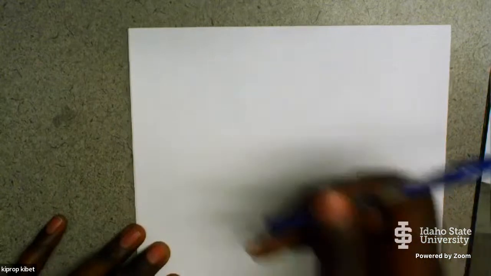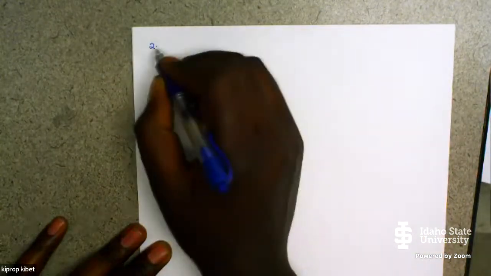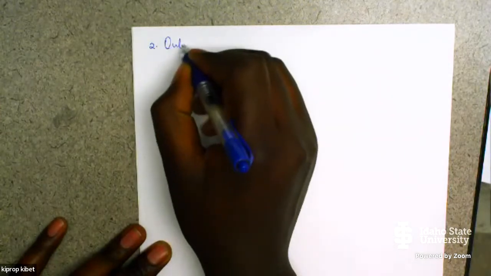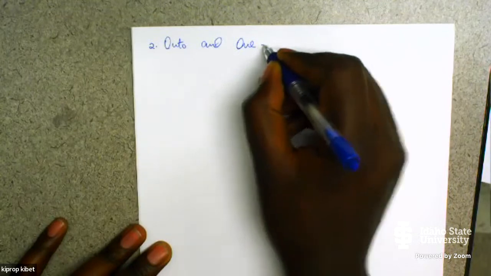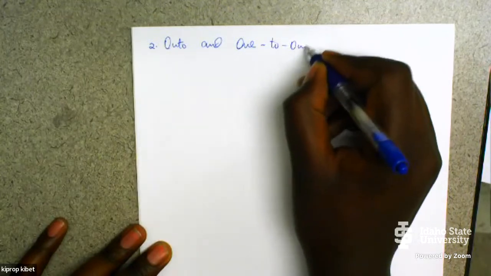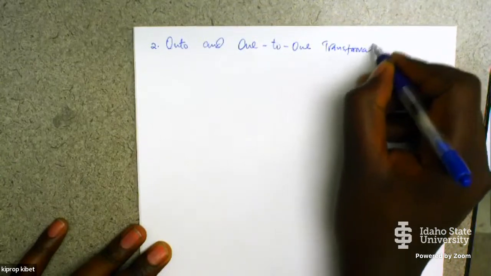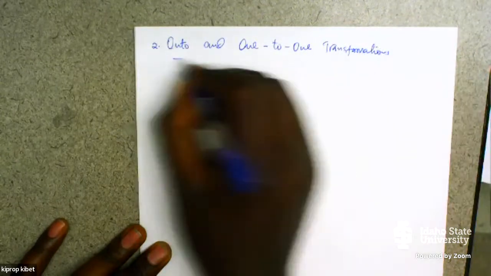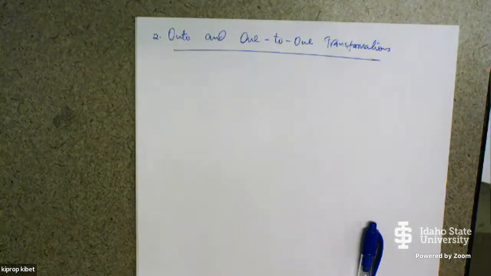Now, I want us to go to the section which I said we will do, which is onto and 1-to-1 transformations.